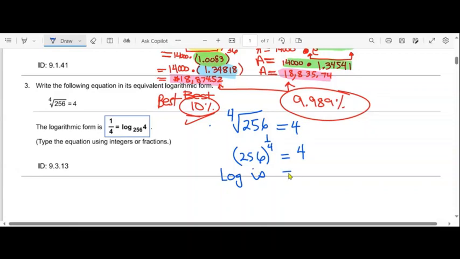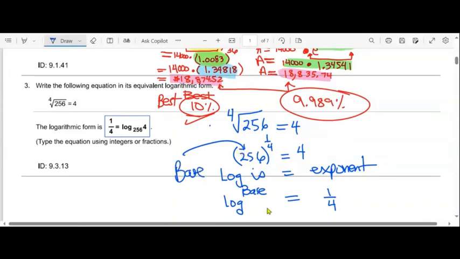Now we know that log is equal to the exponent, right? And what do we have here? We have the base. So let's write this down. Log equal to the exponent. How much is the exponent here? 1 over 4. And how much is the base here? 256.